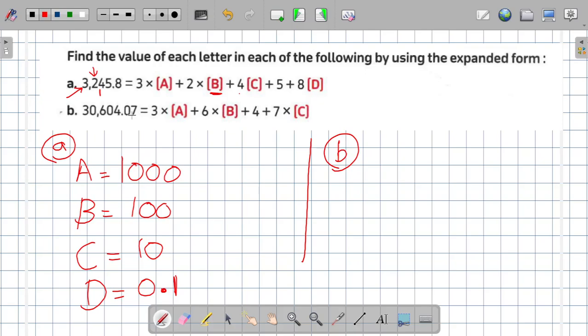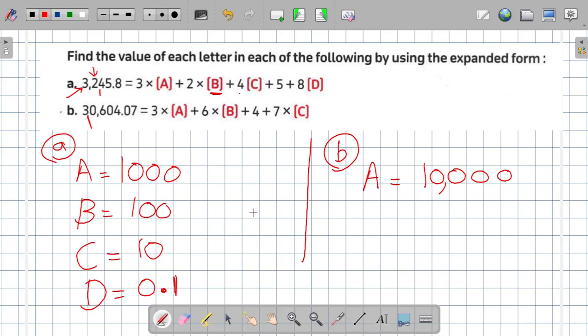Next I have 30,604.07. So 3 times A plus 6 times B plus 4 plus 7 times C. So 3 here is in the 10,000th place. So I think 3 is multiplied by 10,000. So it will be A equals 10,000.